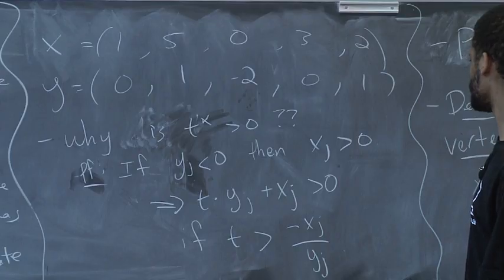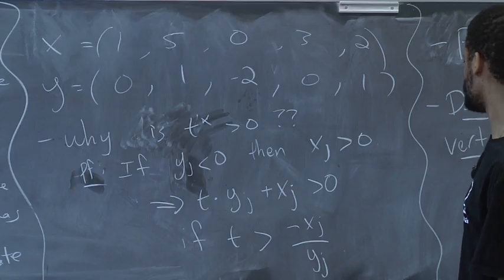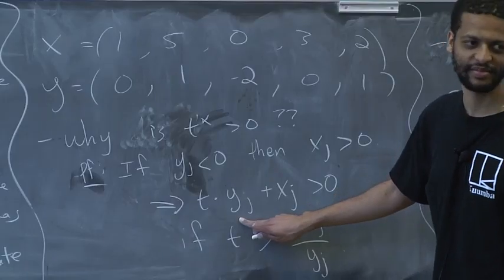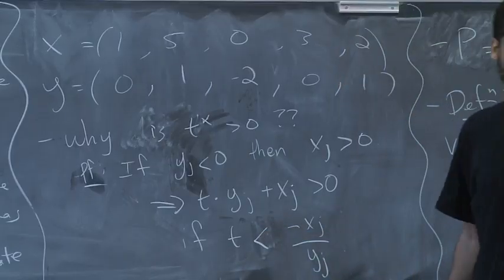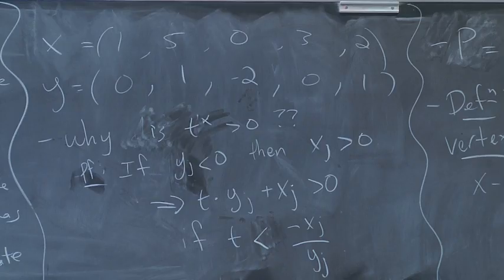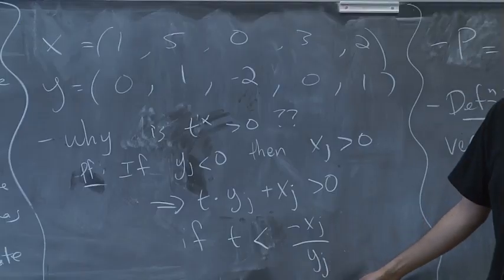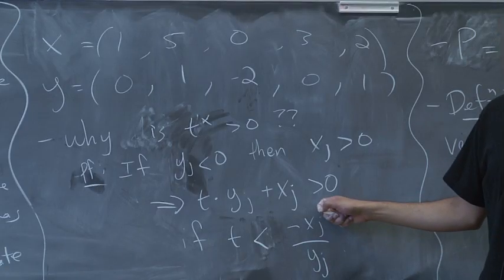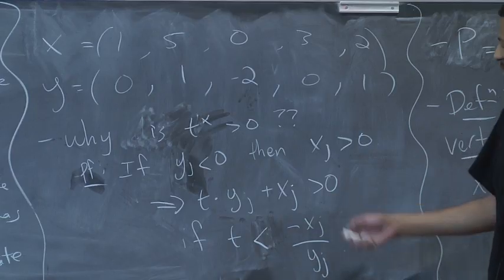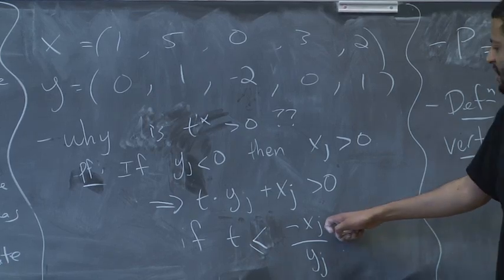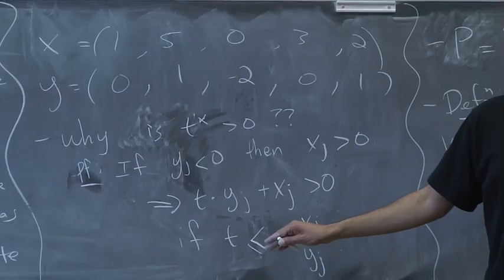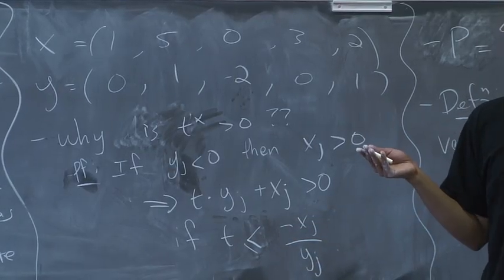But yj is a negative number. So when I divided by yj in this inequality, I flipped the direction of the inequality. T should not be bigger than something. It should have been less than something. So as long as t is less than minus xj over yj, I'm guaranteed to keep this non-negative. So for each j, there's an upper bound on t that works. So I'll choose the smallest of all those upper bounds.